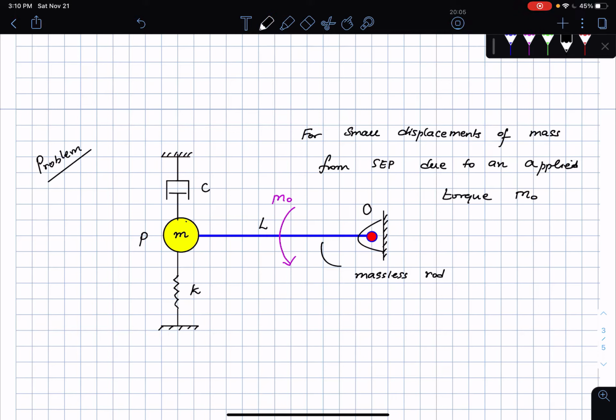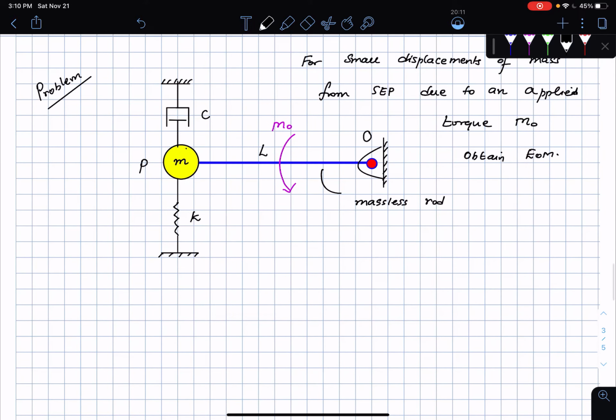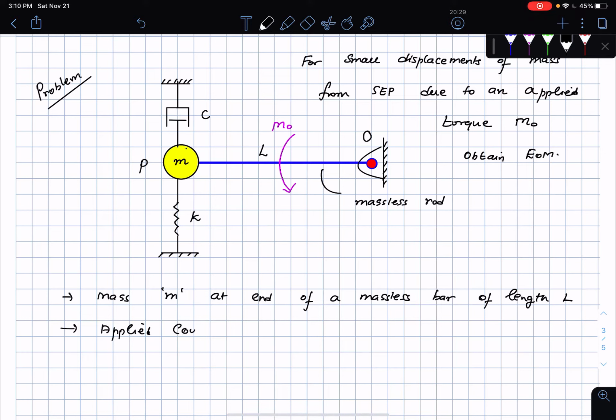So the basic idea is a mass m at the end of a massless bar of length L, with an applied couple moment M naught on the system.